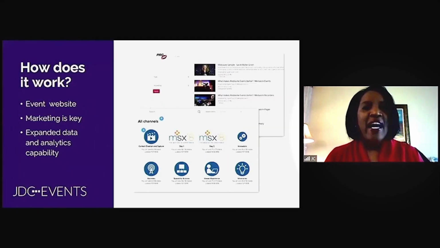So thinking about how exactly does it work? Well, it's similar to a live event where you have an event website. The event website would have all of your details on it, from the time that it is going to happen, the speakers, the bios, the sponsor logos, and all of those particular details that you may incorporate in a live event website, you would have in this website as well.